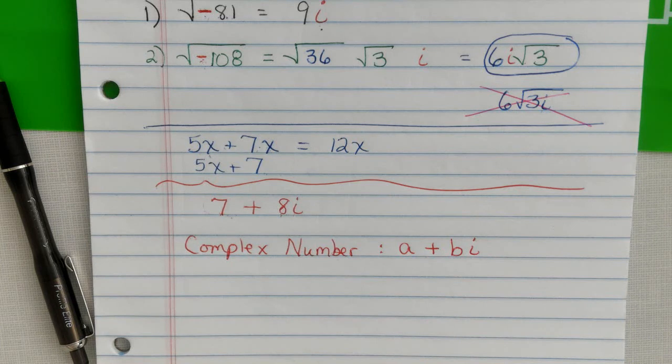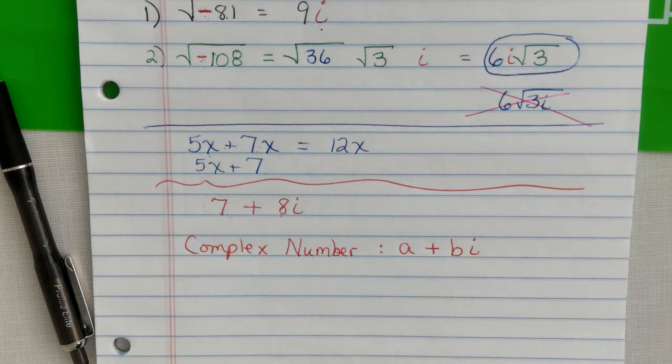Problem number 3, don't panic when you see this next one. Problem number 3 is going to look pretty scary at first glance. It says, write this number, it's a messy looking fraction, in standard form. Type your answer in the form a plus bi. So we're going to write it as a complex number.